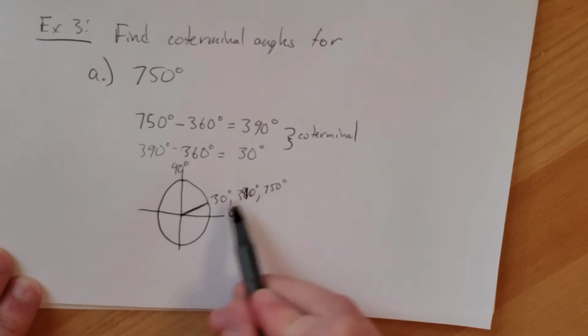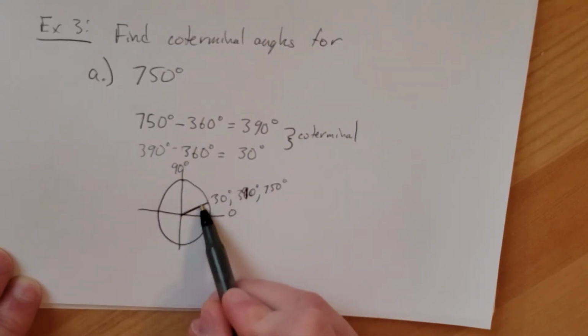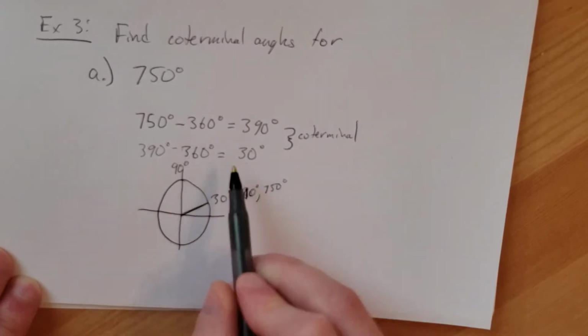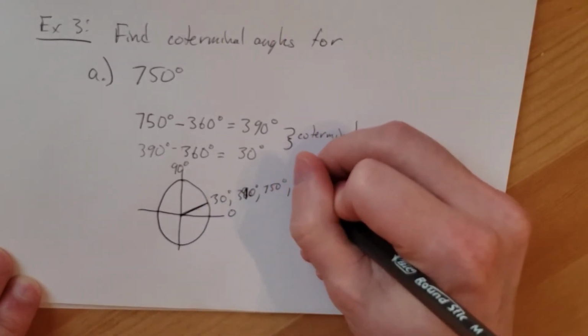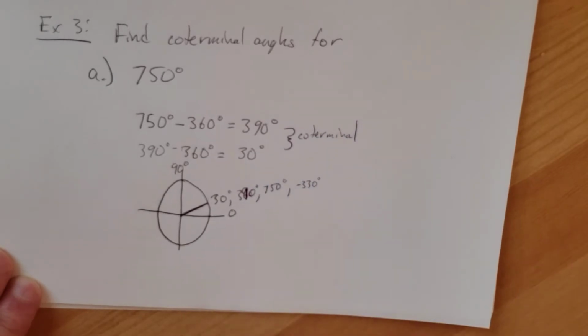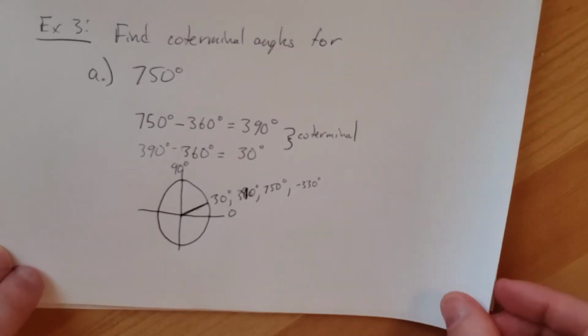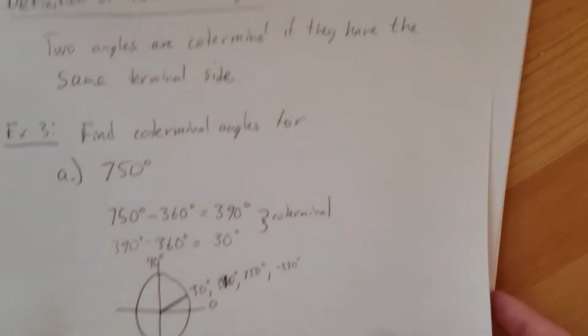And so all of these angles are coterminal. I could have also subtracted 360 again and noticed that negative 330 degrees is coterminal as well. Okay, now that we understand the basic idea, let's do 2 more quick examples related to that.